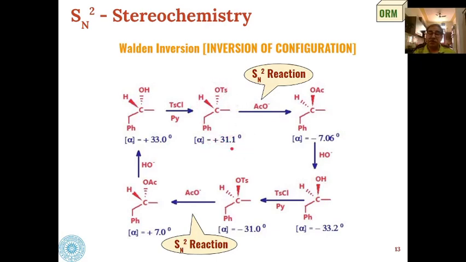And when this reacted with acetate nucleophile under SN2 reaction conditions, that means this will be substituted by acetate, and when acetate attacks, it will attack from the back side of the molecule to which this leaving group is attached.